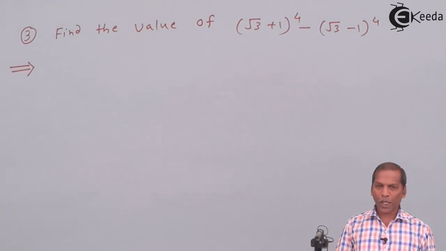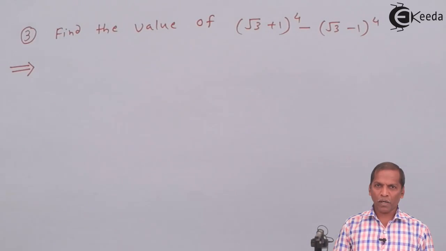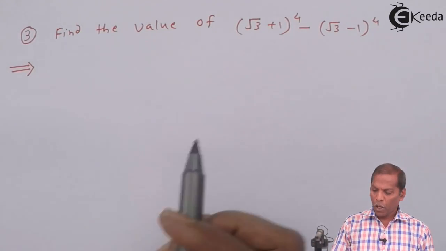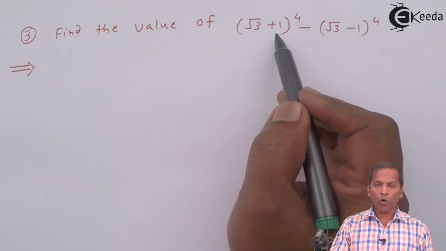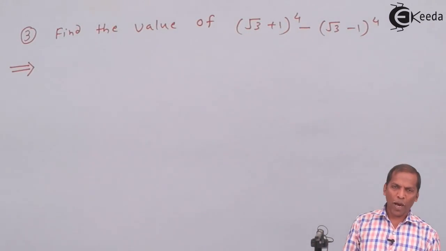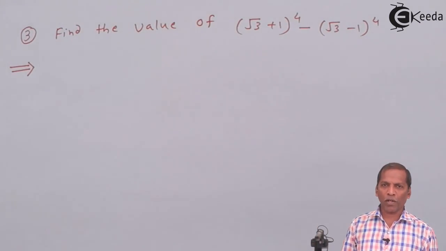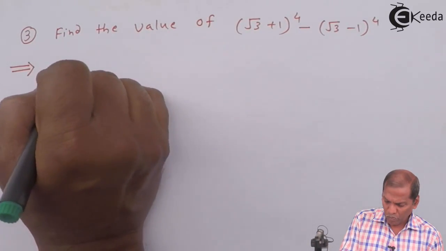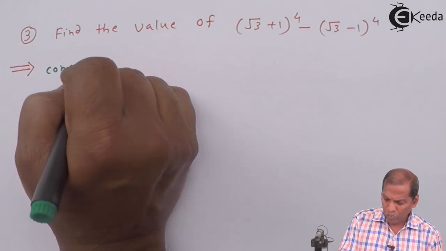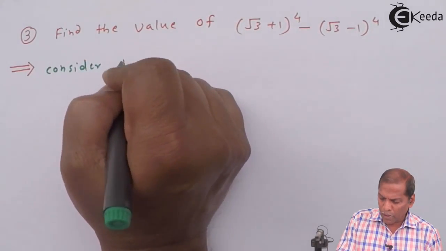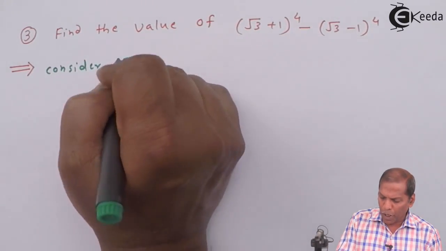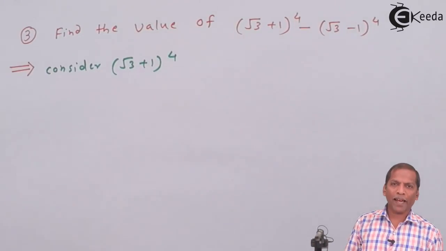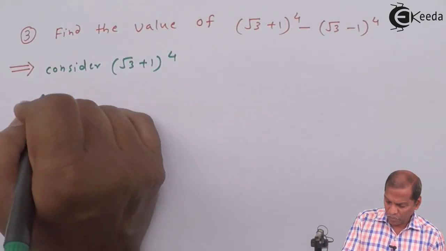First of all, we simplify the first part of the problem, that is (root 3 plus 1) whole bracket raised 4, by using binomial theorem. So consider (root 3 plus 1) whole bracket raised 4.